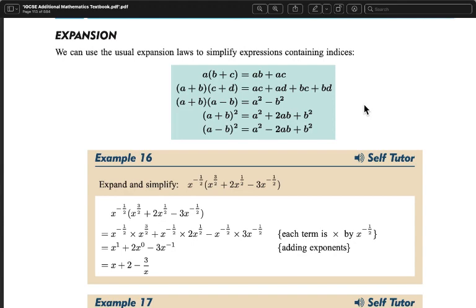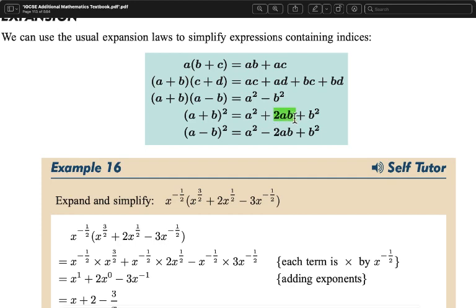And for the equation of a plus b, all squared, which is a plus b times a plus b, a will be squared, b will be squared as well, and then there will also be 2ab left in the middle, as a and b will be multiplied twice, and as it's a power, there is going to be the same thing twice.